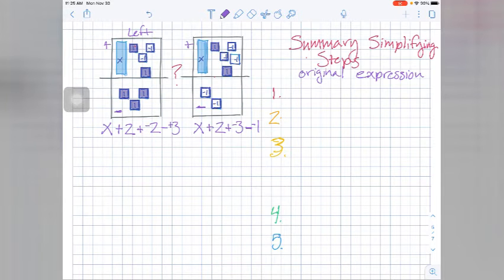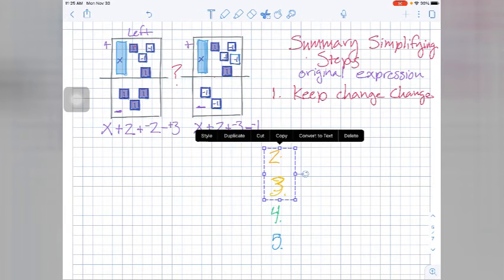So the next thing that I am going to do is keep, change. I think this is the very first thing that you should do once you write the expression. Keep, change. And what keep, change does, I'm actually going to create a little more space for myself here.